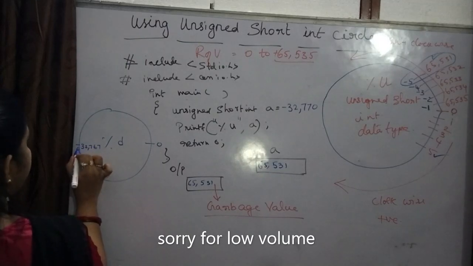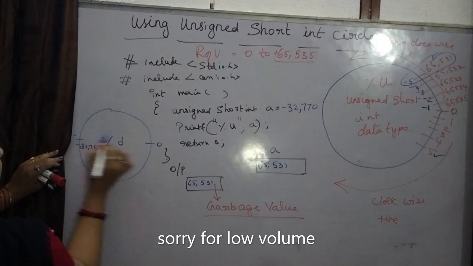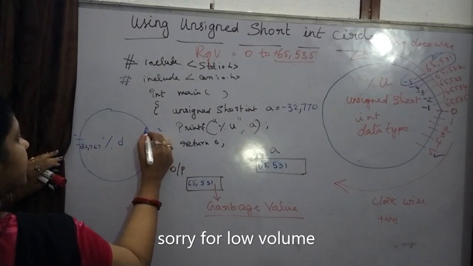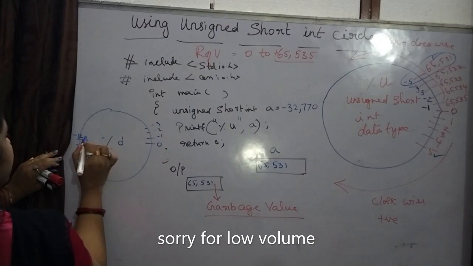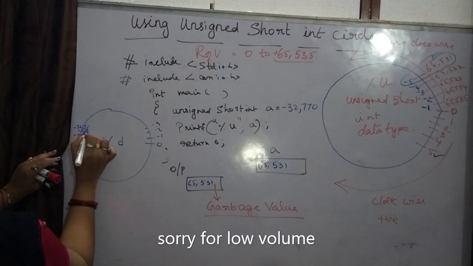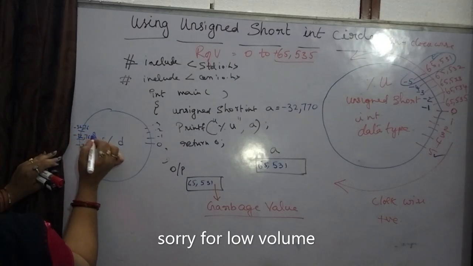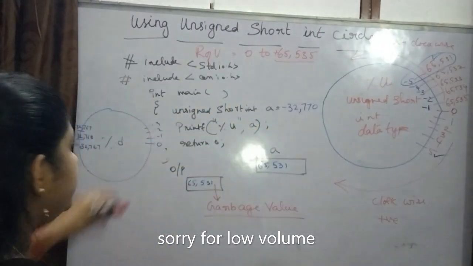Okay, positive values, and here you have negative values. You know, already we have discussed, right? Here you have -32,768 to 32,767. So like this values, the moment it sees this, it enters into this.